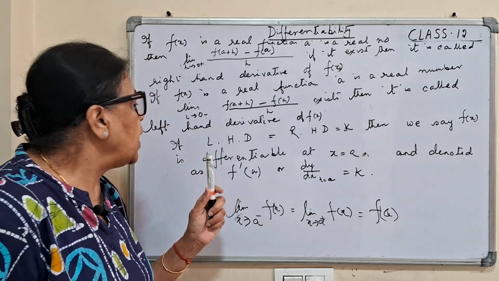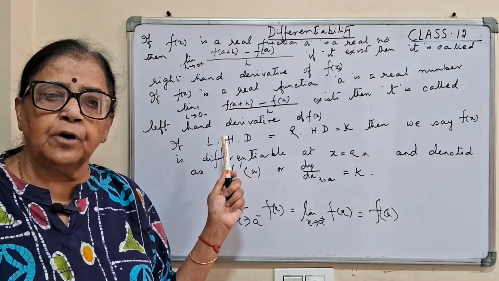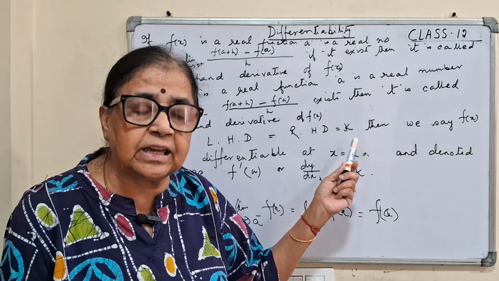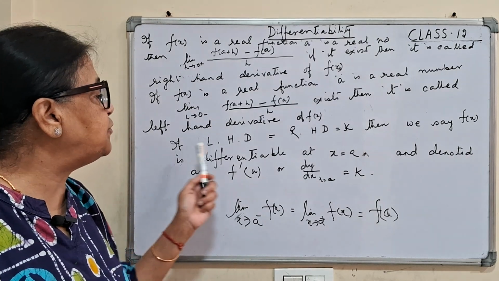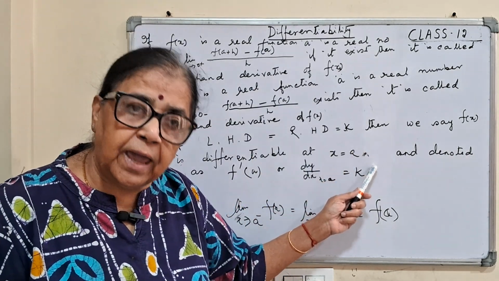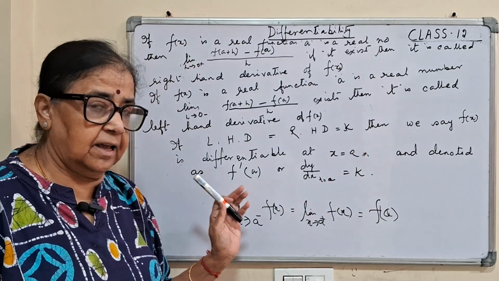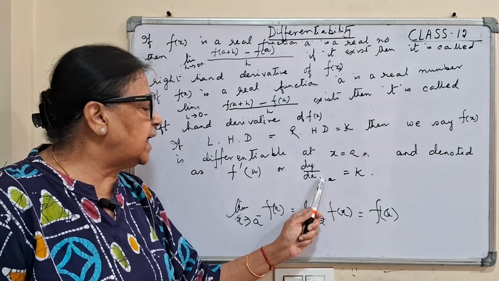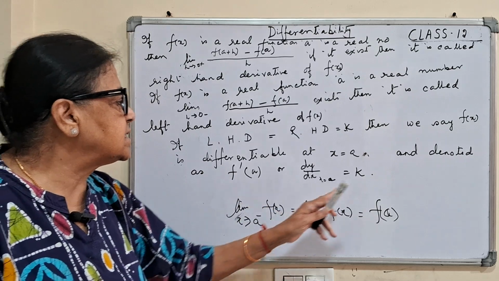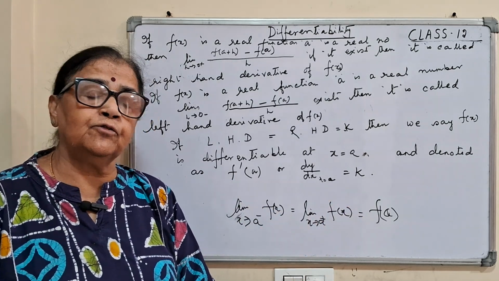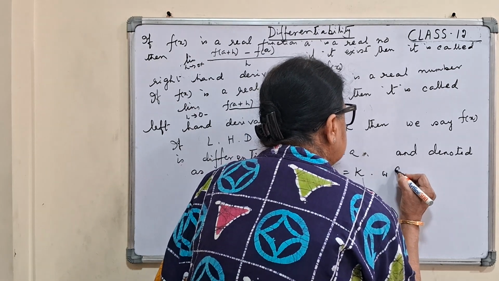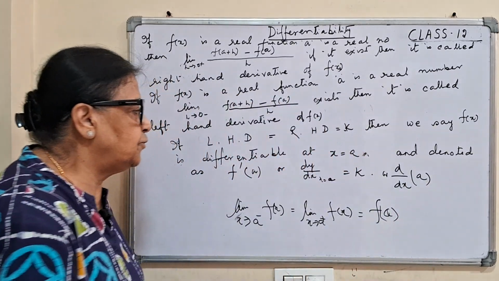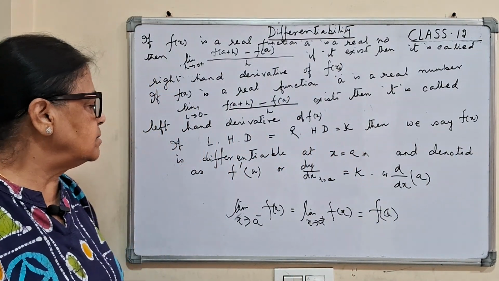If the left hand derivative of a function is equal to the right hand derivative of that function, having the value k, then we say f(x) is differentiable at x is equal to a, and it is denoted by f dash a, or dy/dx at x is equal to a, that is k, or we can write d/dx of f at a.